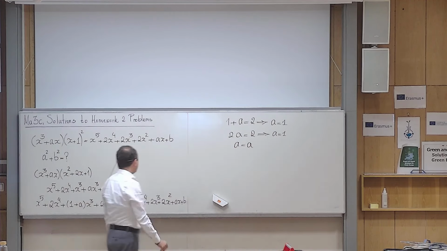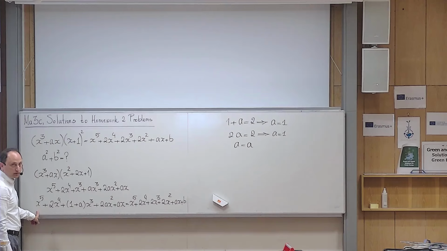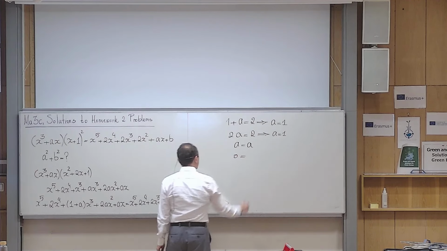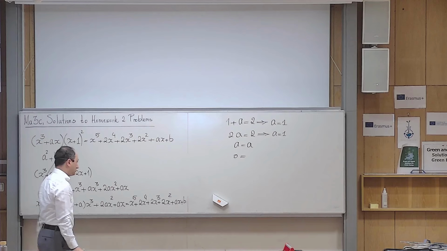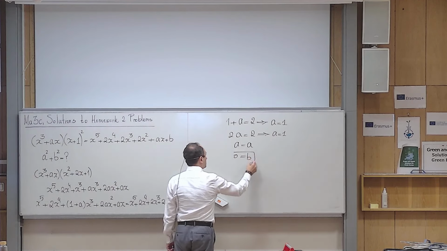The constant term on the left is what? Constant term is a term without any x's at all. Do I have any term without any x's at all? Do I have? No. Yes? So here the constant term is 0, but what is the constant term there? b. So this means b should be 0.